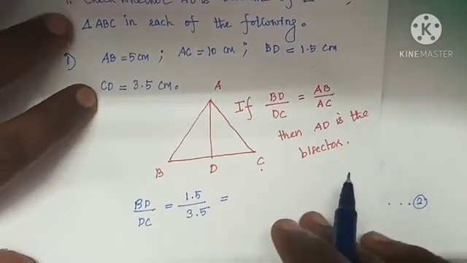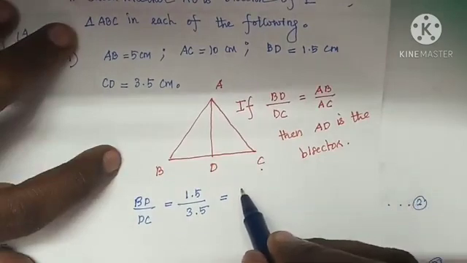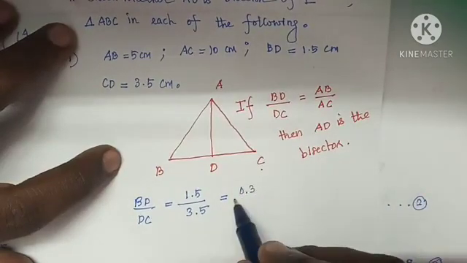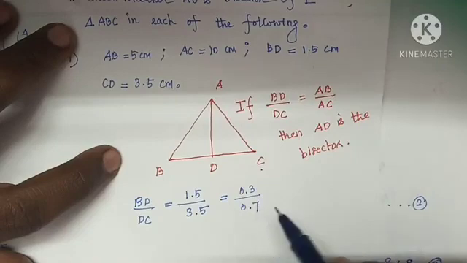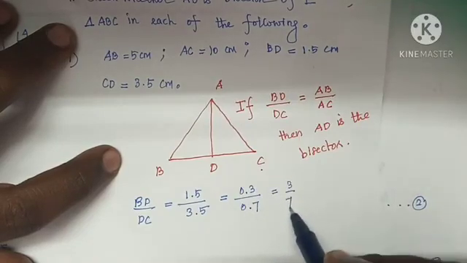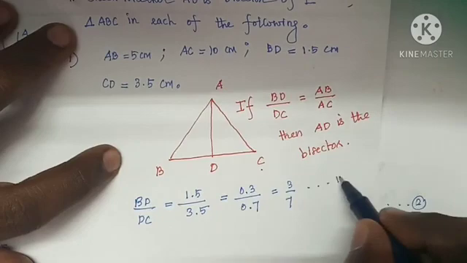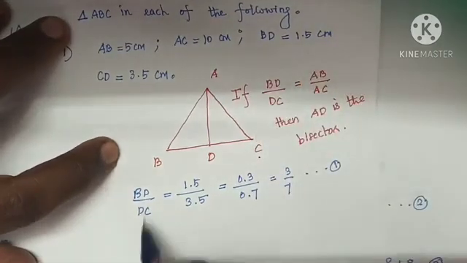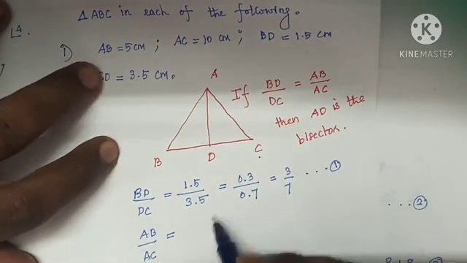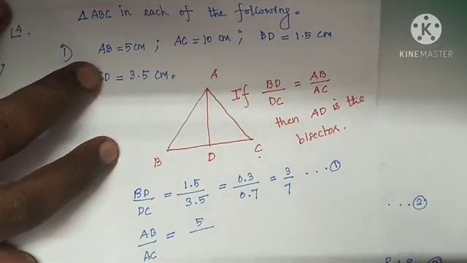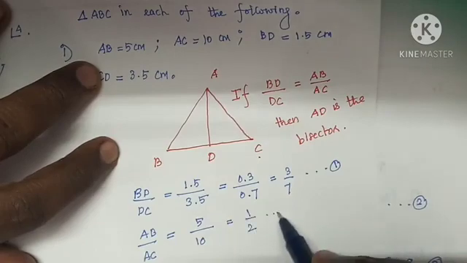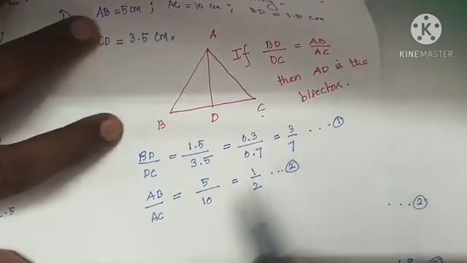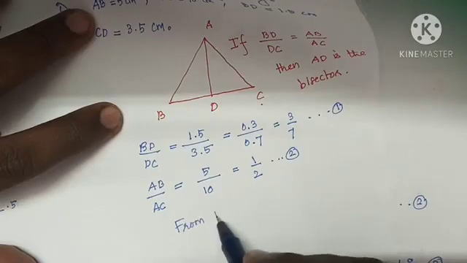If you cancel by 5 table, what do we get? 0.3 by 0.7, which is 3 by 7. Consider this as 1. Next, the right hand side, AB by AC. What is AB? 5, and AC is equal to 10. 5 by 10 means 1 by 2. Consider this as 2.